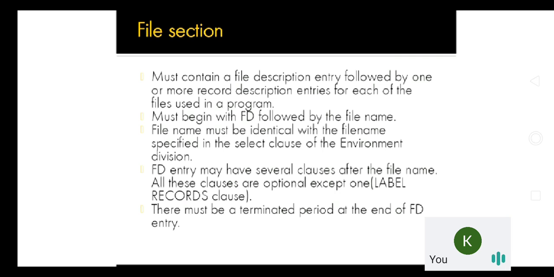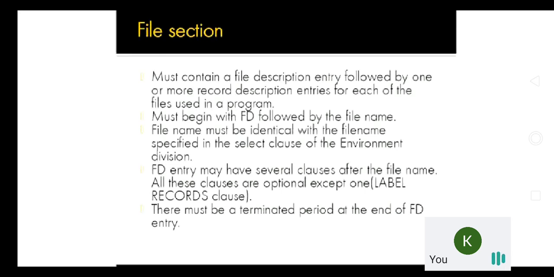So first you have the file section, under the file section you have the file description entry, which consists of the file name and its various optional clauses. Then you have an important rule: the file name that you specify must be identical with the file name that you specify in the select clause of the environment division.